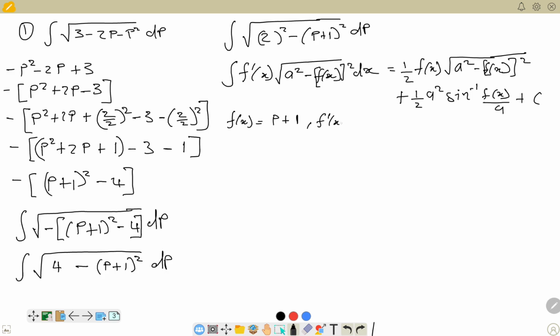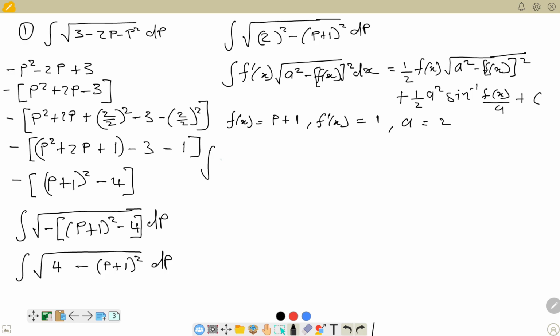Then f prime x, when we differentiate p, we will get 1 if we're differentiating with respect to p. Let's not try to change variables. Then a is actually 2. So what we need to do is to substitute back into the formula.